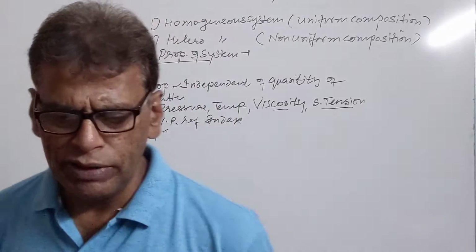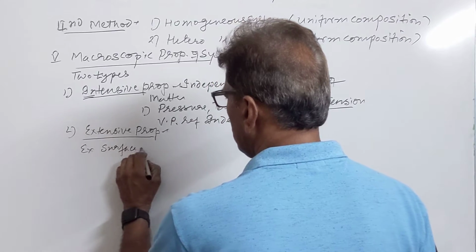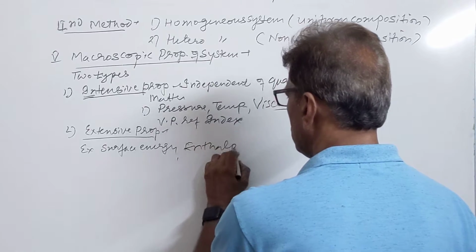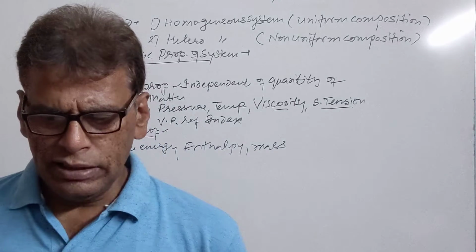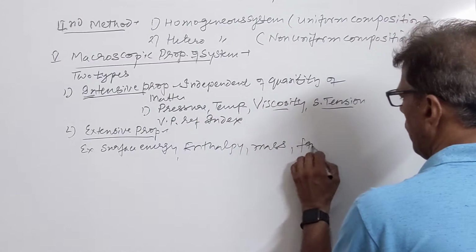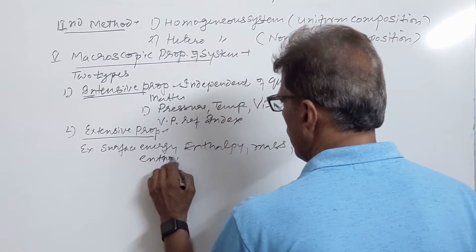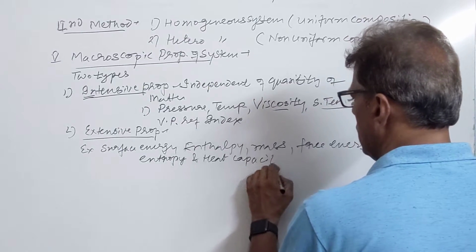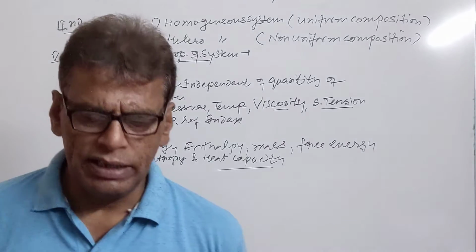They are surface energy, enthalpy, mass, free energy, entropy, and heat capacity. All of them are called extensive properties. They all depend upon the quantity of matter contained in the system.